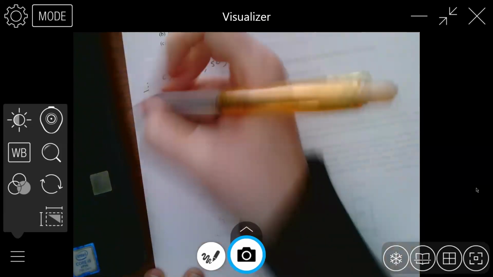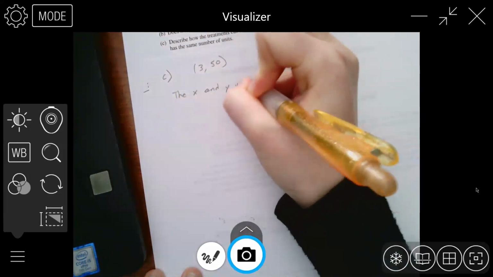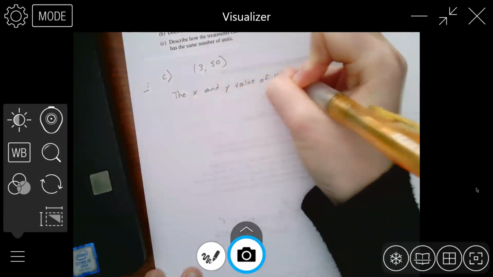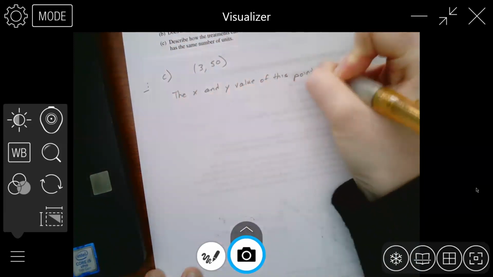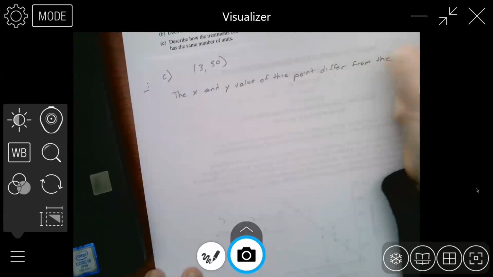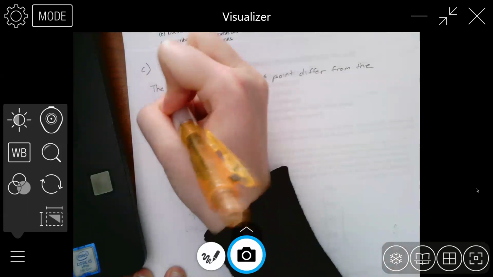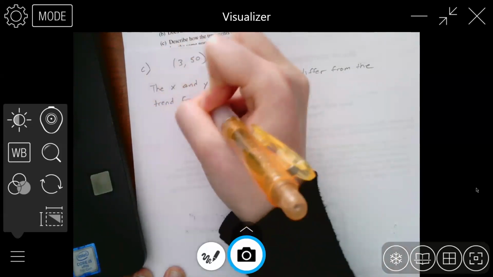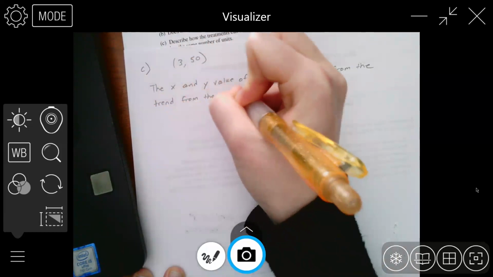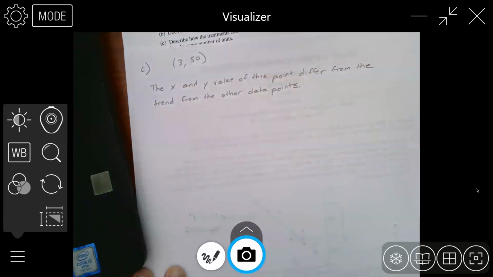All right, so what you can say here is the X and Y value of this point differ from the trend or pattern. There we go, okay?